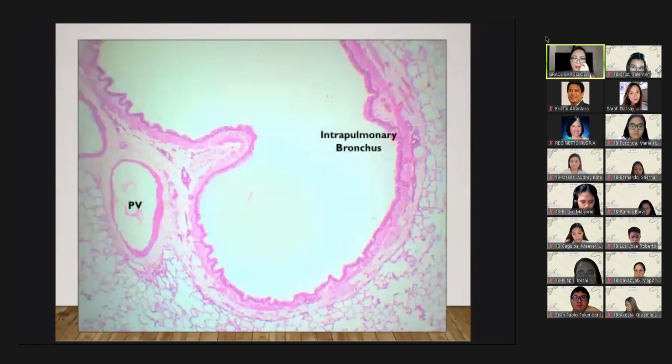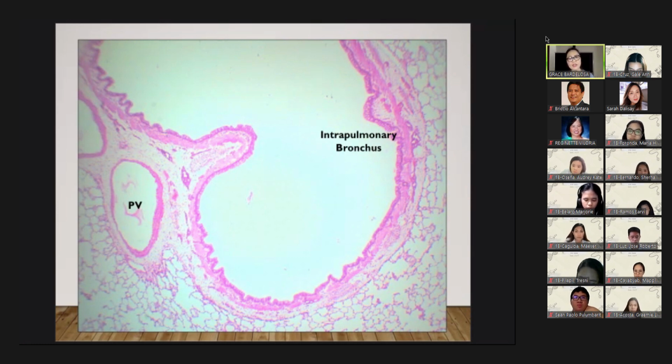Next, now that branch which I referred to as intrapulmonary bronchus, and probably you already remember from the lecture that the intrapulmonary bronchus, also known as the segmental, also known as the tertiary bronchus, is lined with respiratory epithelium. And you already know the 5 cells that make up the respiratory epithelium.